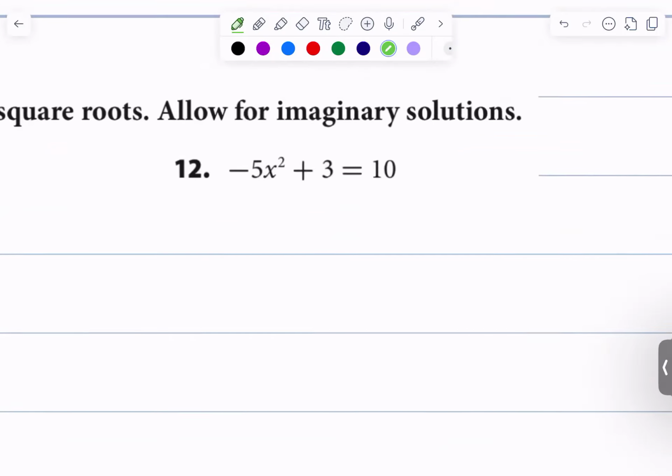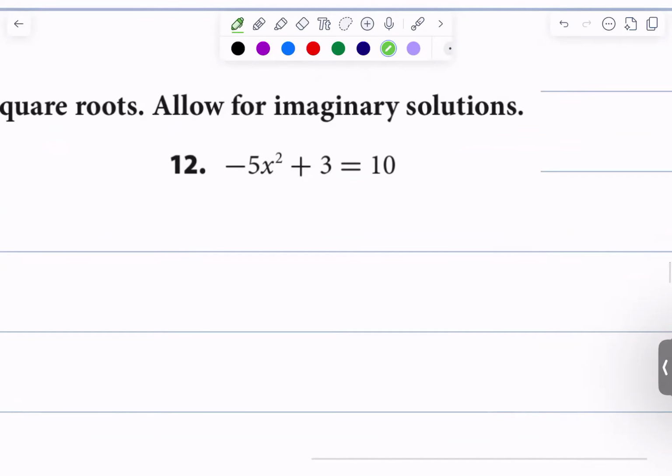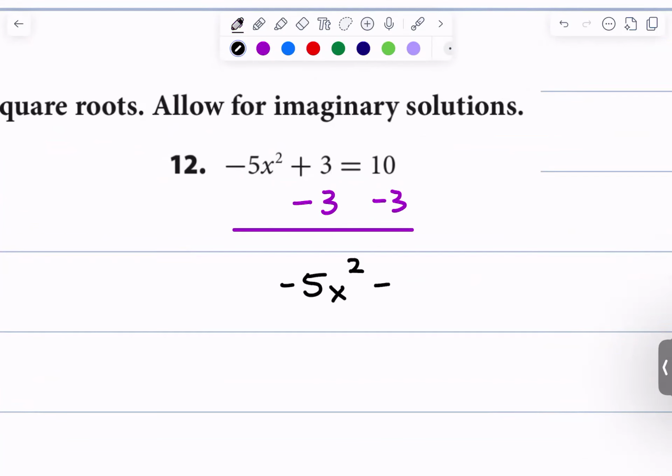This one is the last one for today. Okay, so we are going to subtract 3 on both sides, trying to isolate x squared first. So negative 5 x squared equals 10 minus 3 is 7. Then I divide by negative 5.